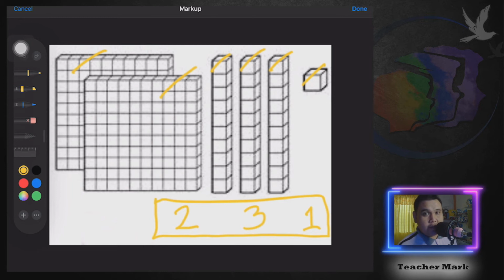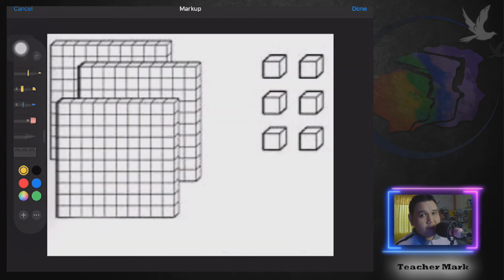Let's try another one. Okay, so this is another example. What do you notice with this given example right now? If you can see, we don't have any units for tens, but it's okay. Like what I've told you earlier, we should always start at ones. 1, 2, 3, 4, 5, 6. We have 6.